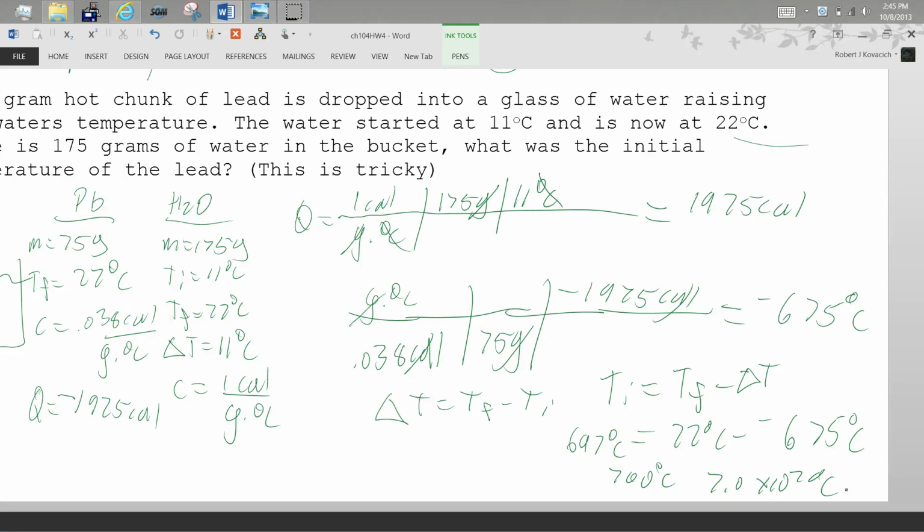I drop it in. So think about that for a second. I have something that's 700 degrees Celsius, and I drop it into something that's 11 degrees Celsius, and that thing's temperature only goes up to 22 degrees. How could that possibly be? Shouldn't something that's 700 degrees, when put into something that's 11 degrees, end up with the temperature of the two things being like 350?